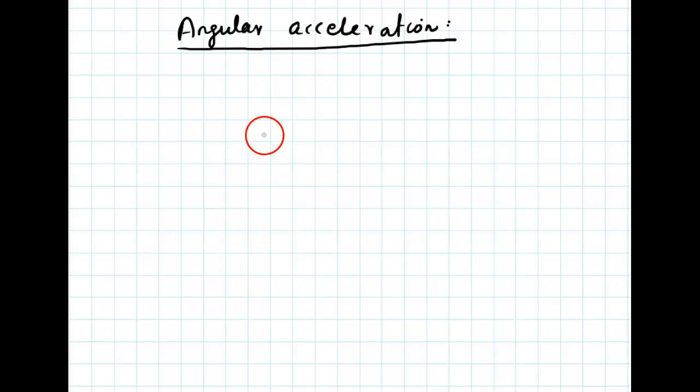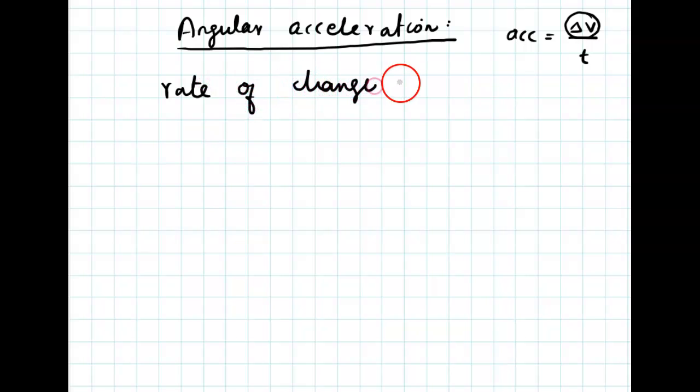Angular acceleration: the average angular acceleration is defined as the rate of change of angular velocity. Same as in linear acceleration, where we say rate of change of velocity. Here it is the rate of change of angular velocity.